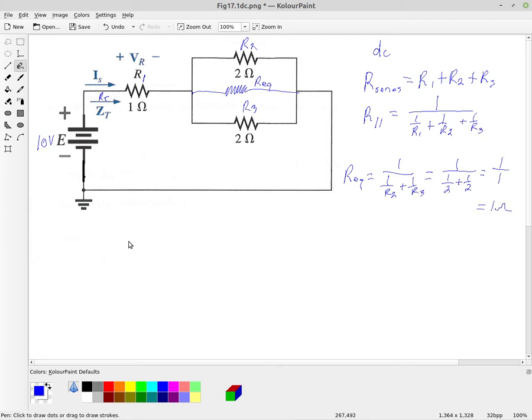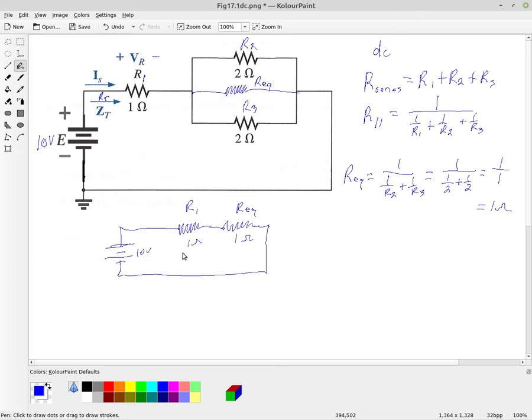So now we have a simpler circuit where we have our 10 volt supply feeding R1, which is 1 ohm, plus this equivalent resistor, which is also 1 ohm, and returning back.